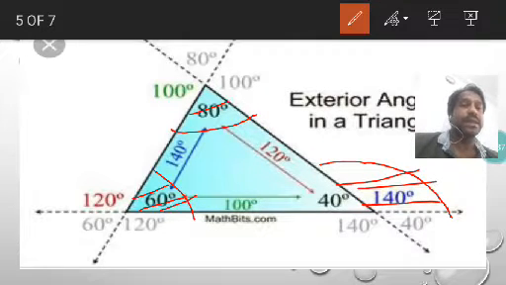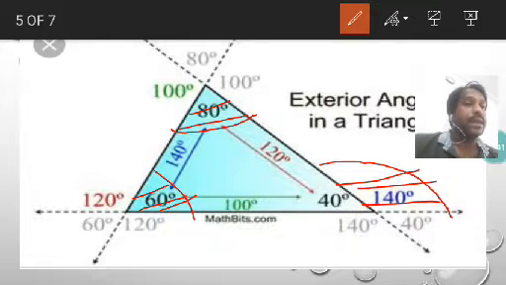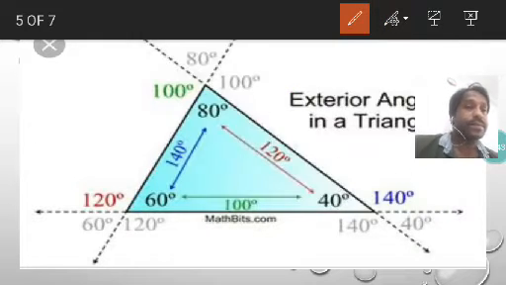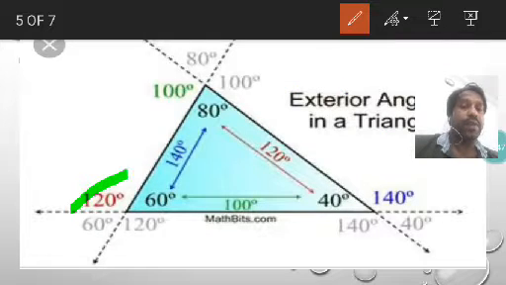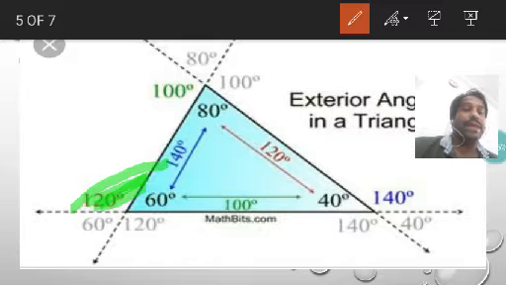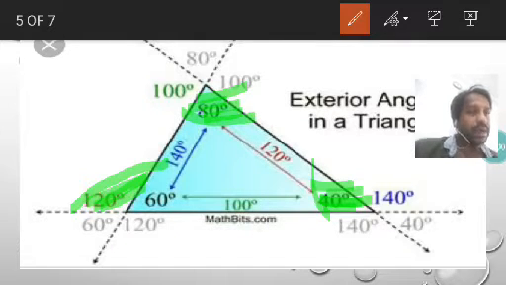Their sum is 60 and 80, that is 140 degrees. Clear? Suppose I take this angle, 120 degrees here. That is equal to this 80 degrees and this 40 degrees. So 80 and 40 make 120 degrees. So, understood what it wanted to say?